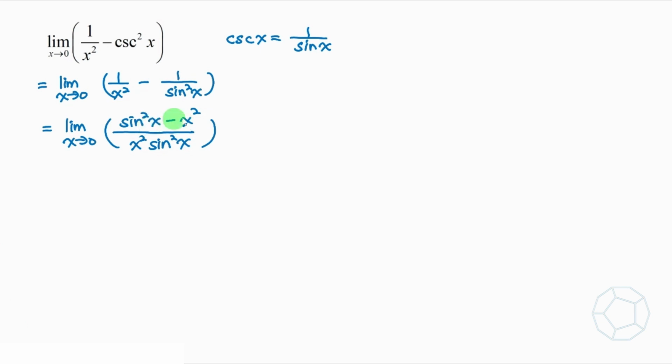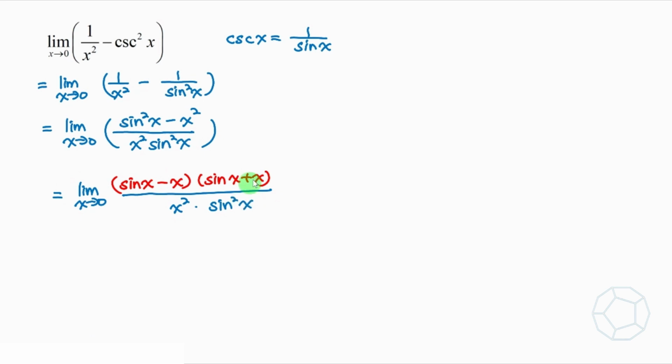As the numerator is the difference of two squares, we can factorize it into sine x minus x times sine x plus x. Therefore, it is equal to limit x tends to 0, sine x minus x times sine x plus x all over x squared times sine squared x.